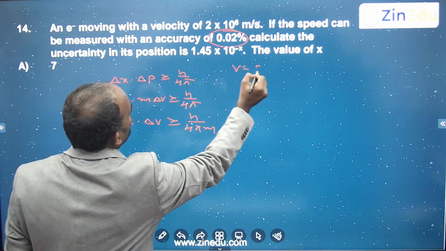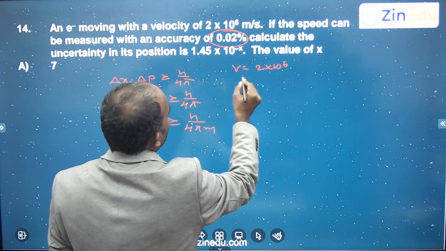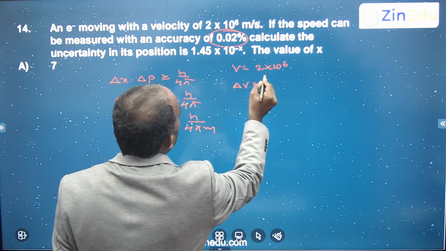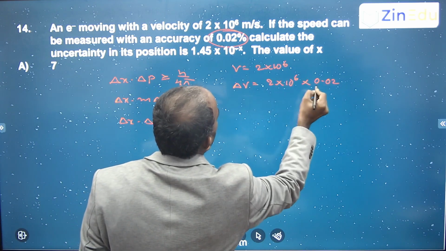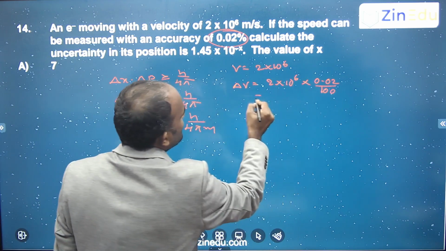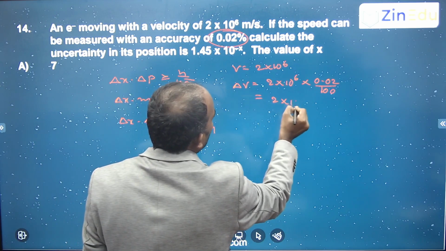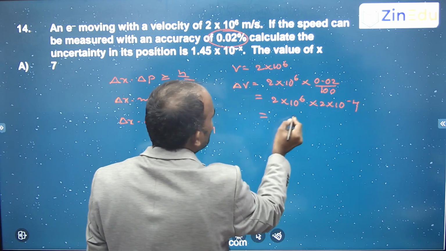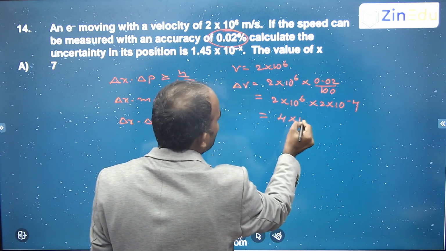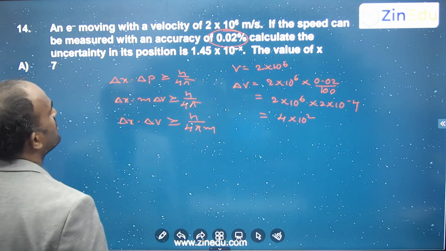Velocity is 2 into 10 power 6, and delta v is 2 into 10 power 6 into 0.02 divided by 100, which equals 2 into 10 power 6 into 2 into 10 power minus 4. That equals 4 into 10 square, that is 400.